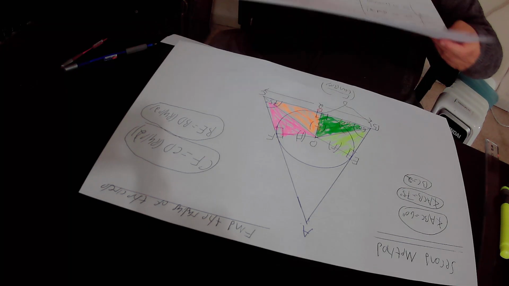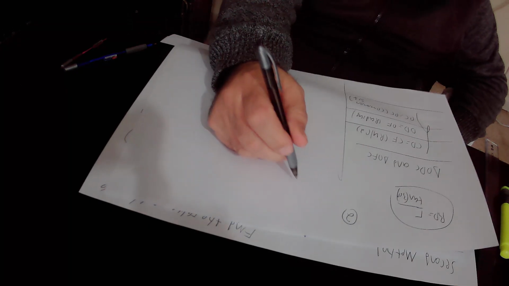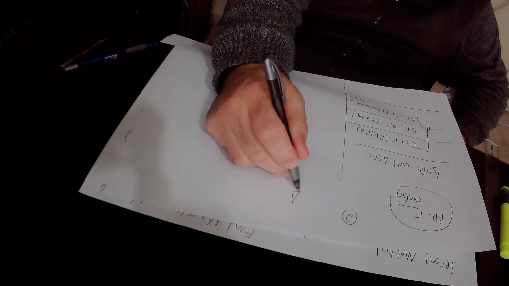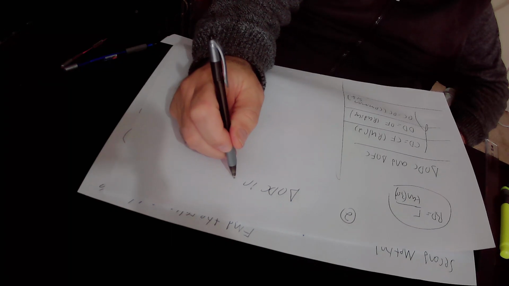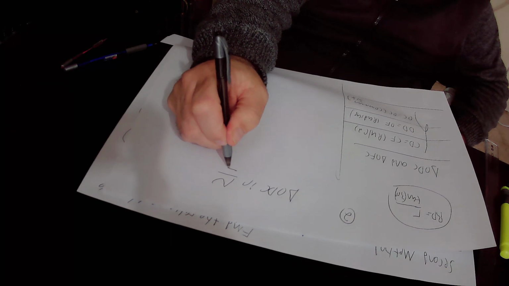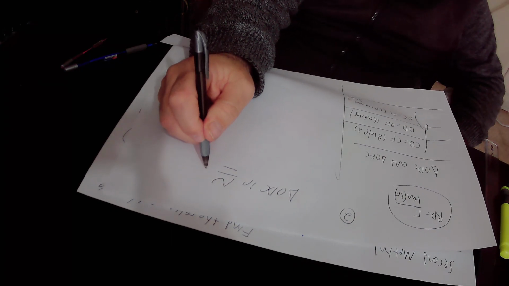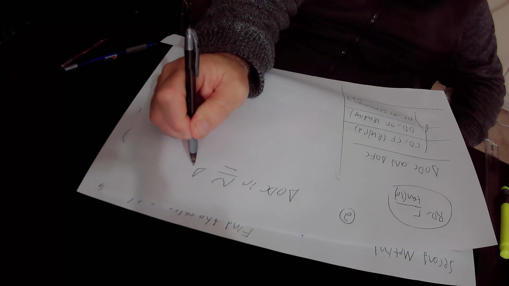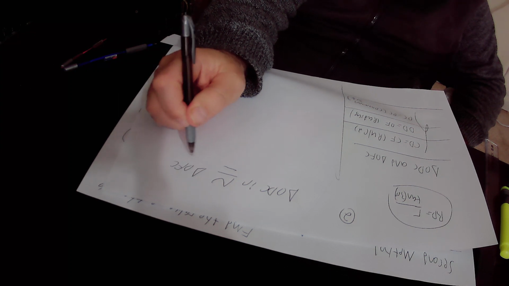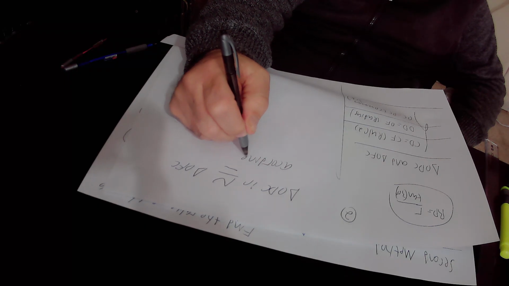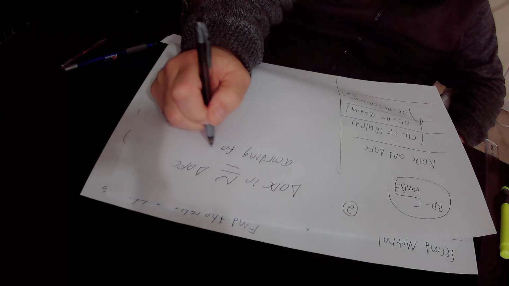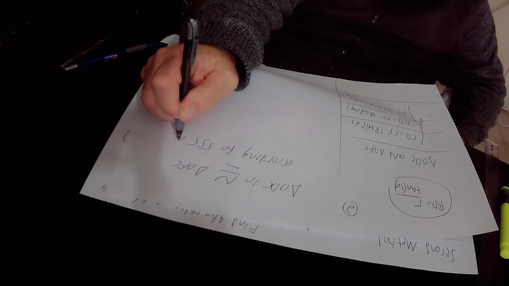So I write it down: the triangle ODC is congruent to the right triangle OFC according to the side rule.